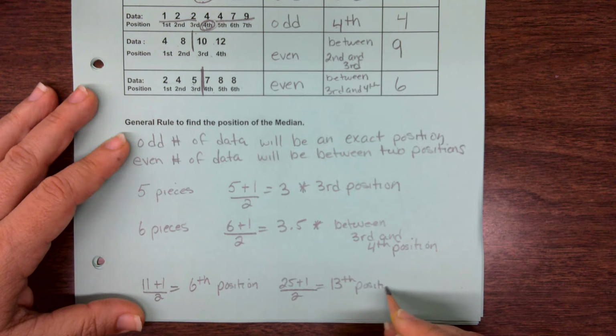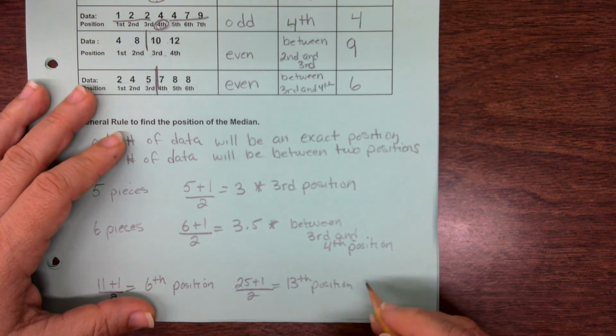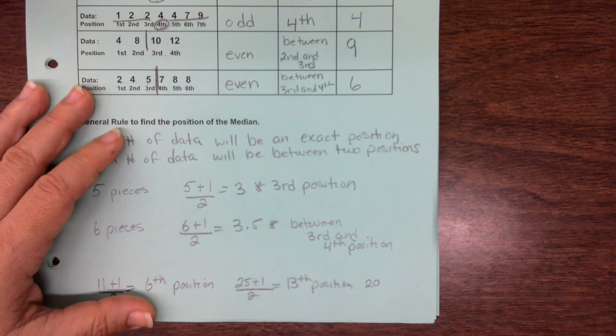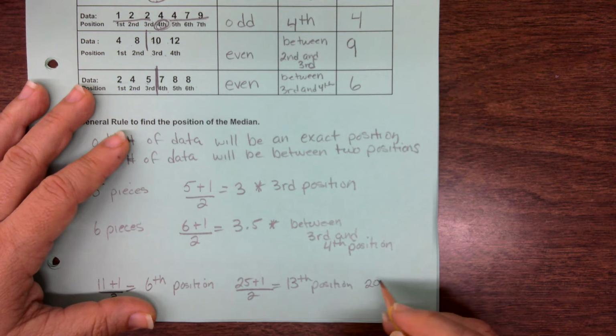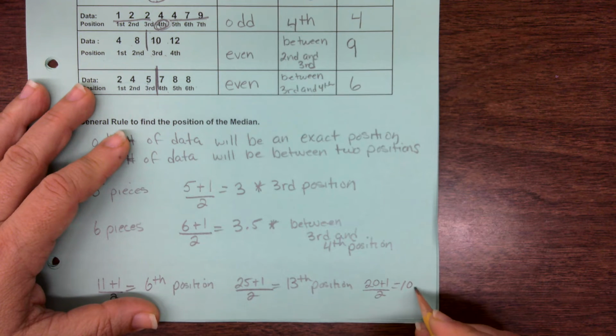And then you would count up to that position and see what number is there. If I had, let's say, 20 pieces of data, 20 plus 1 divided by 2, or you can think 20 divided by 2 is 10, but then I'm going to be halfway through.